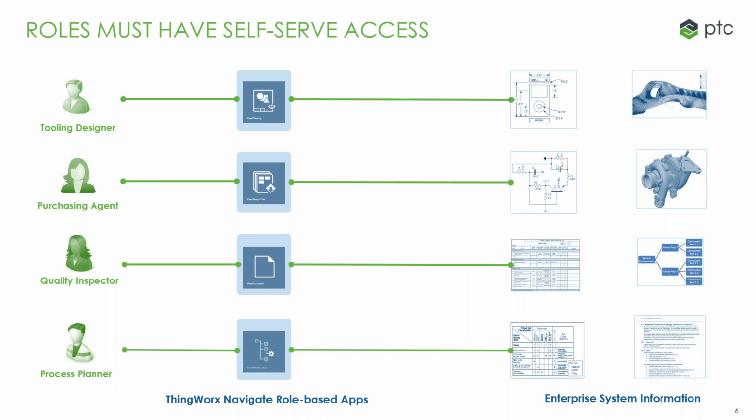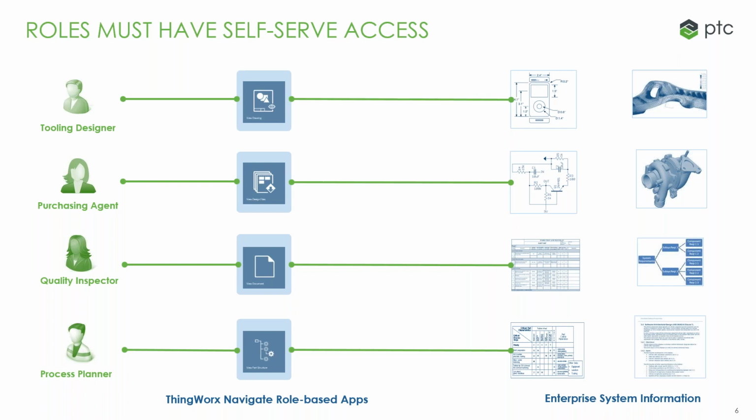So PTC introduced a while ago something called Thingworx Navigate, and this contains several apps that are targeted towards various user roles. Some of these apps could go in and get drawings. Some could get documents.